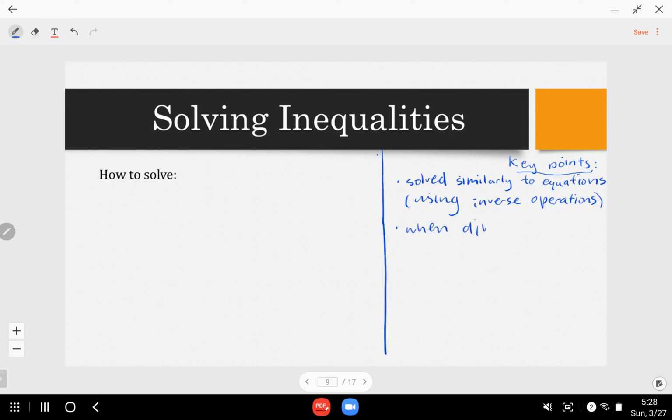When dividing or multiplying by a negative, flip the sign. So what do I mean?